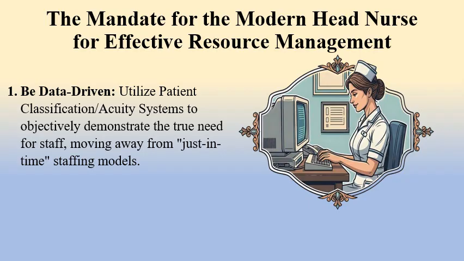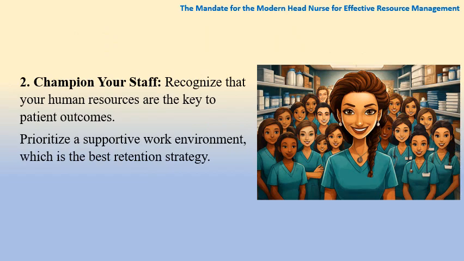The mandate for the modern head nurse for effective resource management. 1. Be data-driven. Utilize patient classification and acuity systems to objectively demonstrate the true need for staff, moving away from just-in-time staffing models. 2. Champion your staff. Recognize that your human resources are the key to patient outcomes.